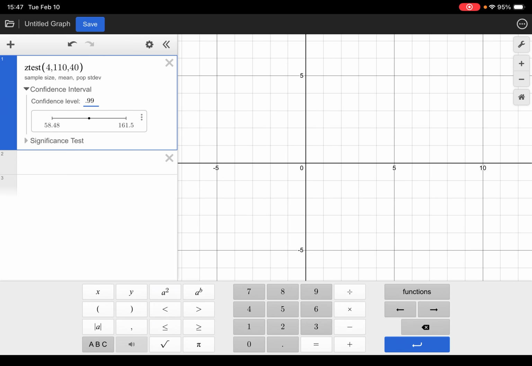And then for this one, the area of each of the tails is 0.5%, so we would have to turn that into a decimal, and that's 0.005 as a decimal. And we would get the t-star value 2.724.